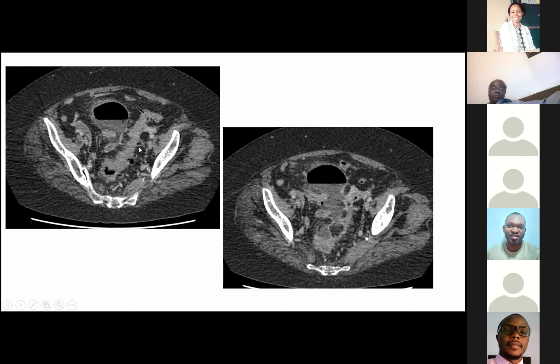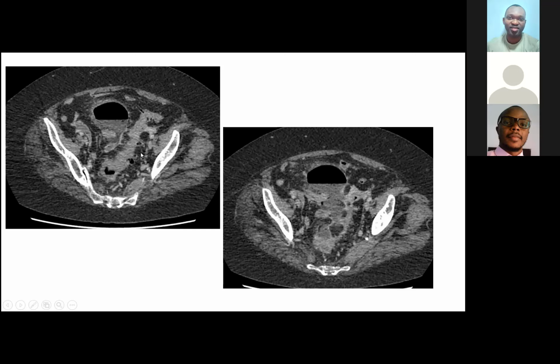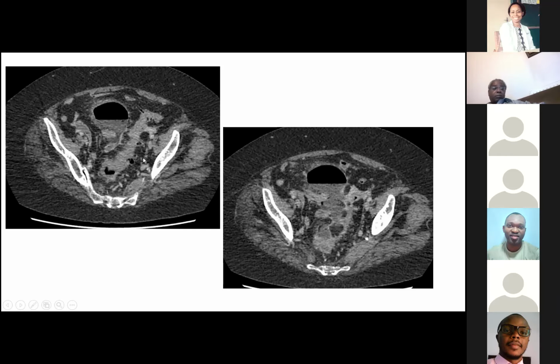Or anybody else? Okay, who haven't I picked? Can I give it a shot? Okay, go for it. So I think there are diverticulae in the sigmoid colon, a bit of outpouching.